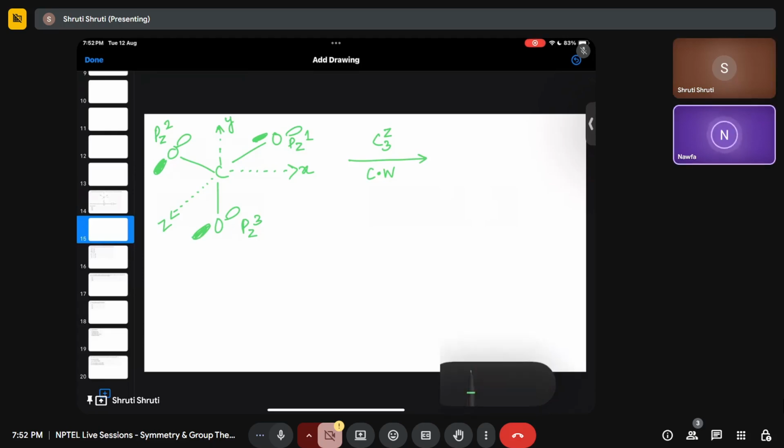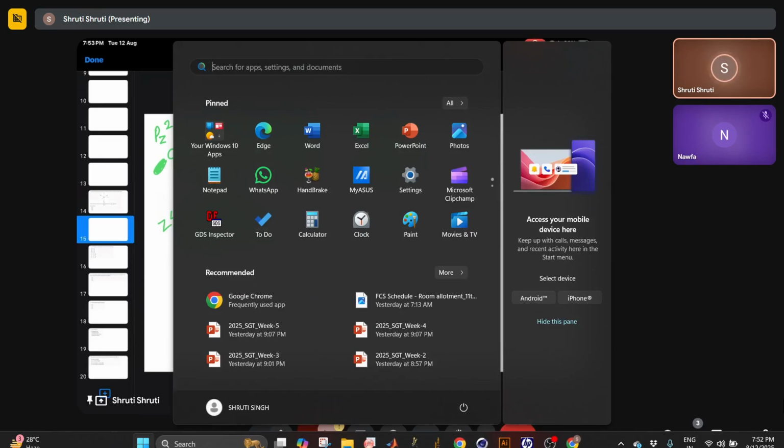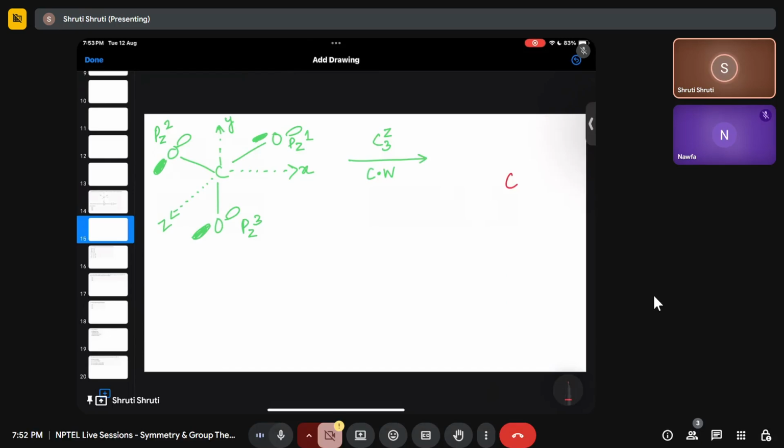We will get minus x and minus y. Yes, it will get turned. Here this is C. The coordinates will not change their place. So this is X, this is Y, this is C. Now clockwise means this will come over here, this will go over here, like that.